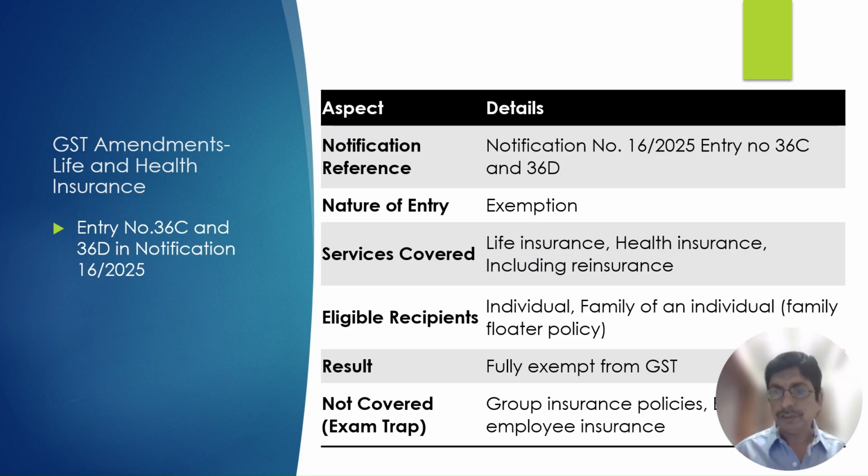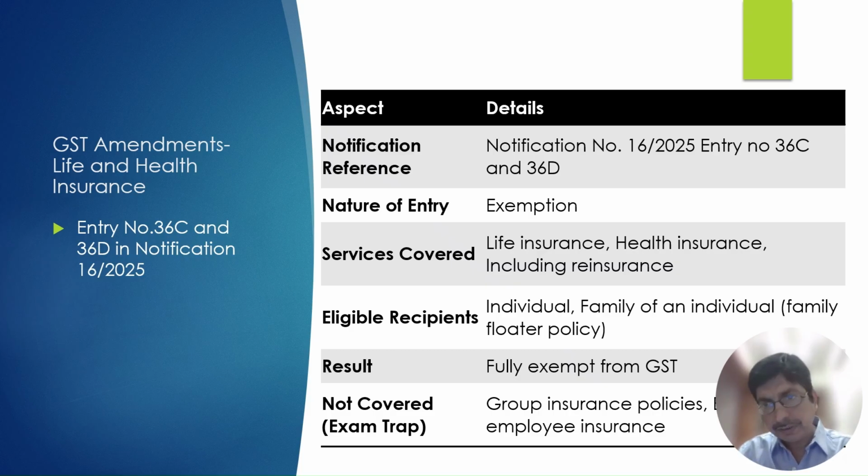Now the question is, what is a group? Let's take an example that there is a company with 200 employees, and the company takes the health insurance of all its employees. Then the 200 employees are a group. The exemption benefit of entry number 36C or entry number 36D is not available.